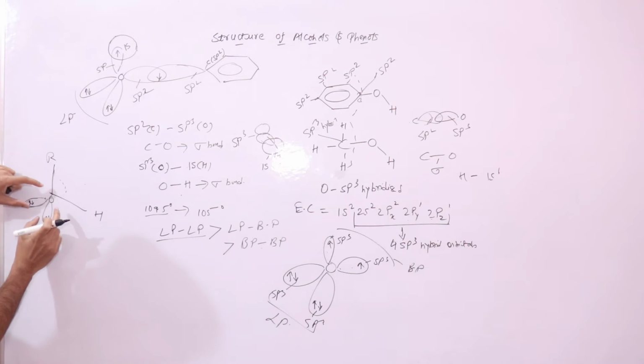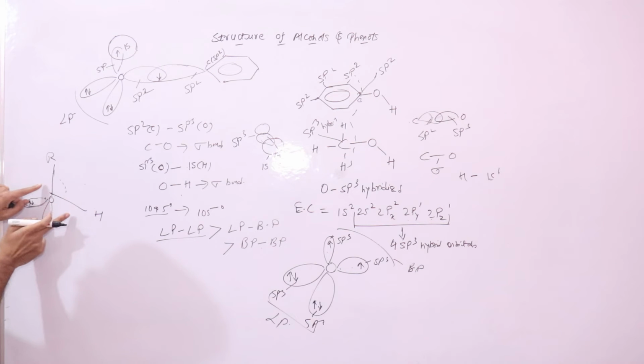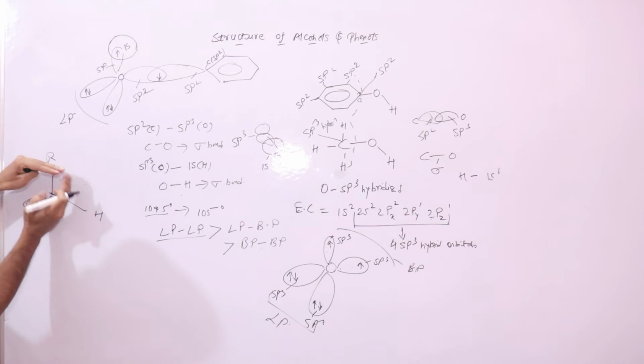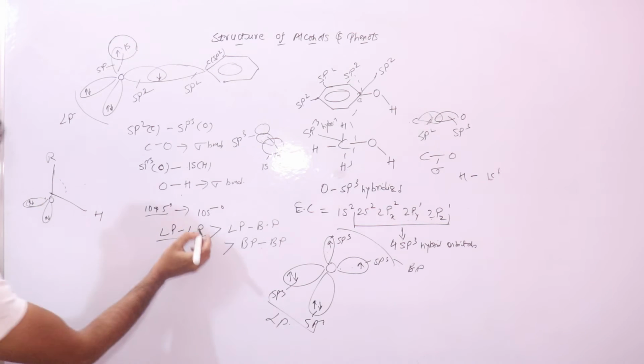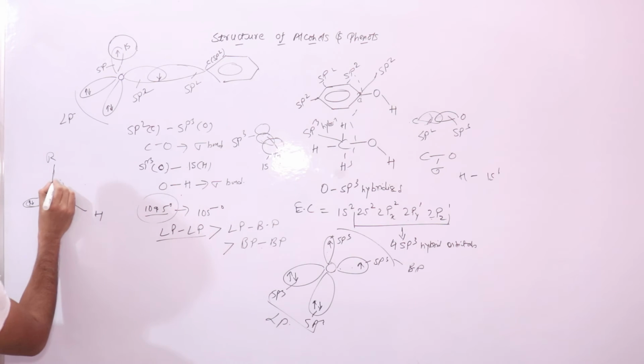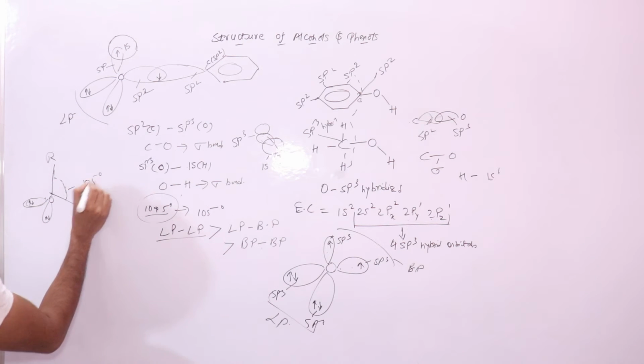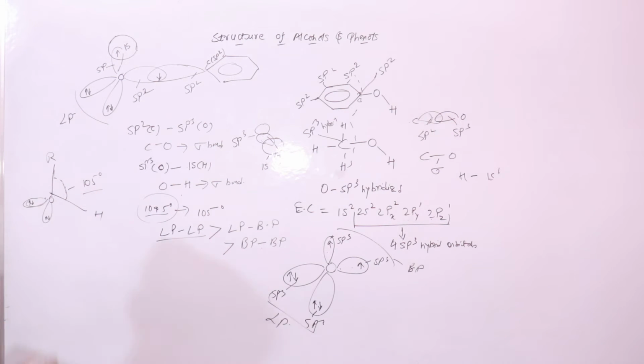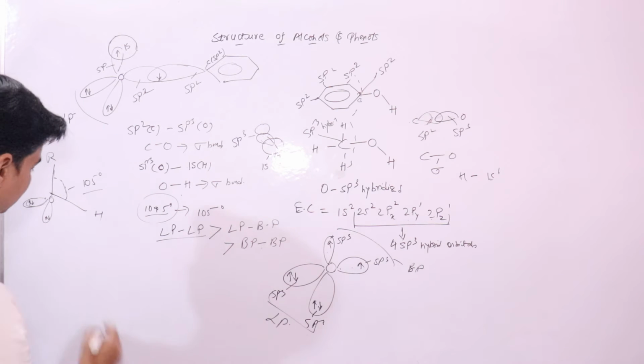They will press these orbitals closer, so they will decrease this 109 angle to 105. So this angle is 105 because of your lone pair repulsion.